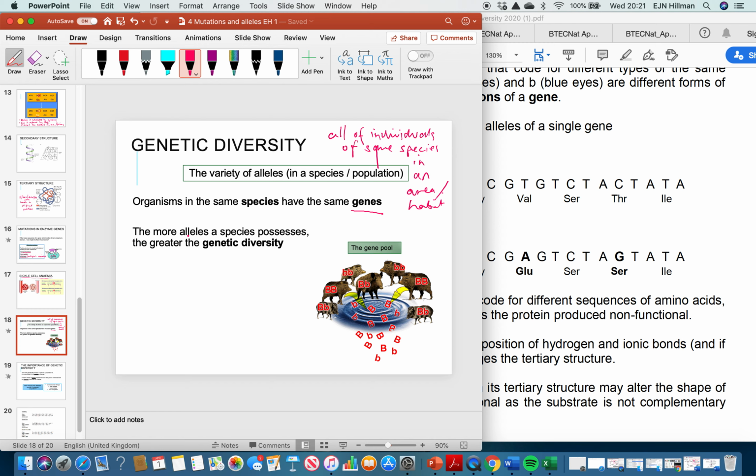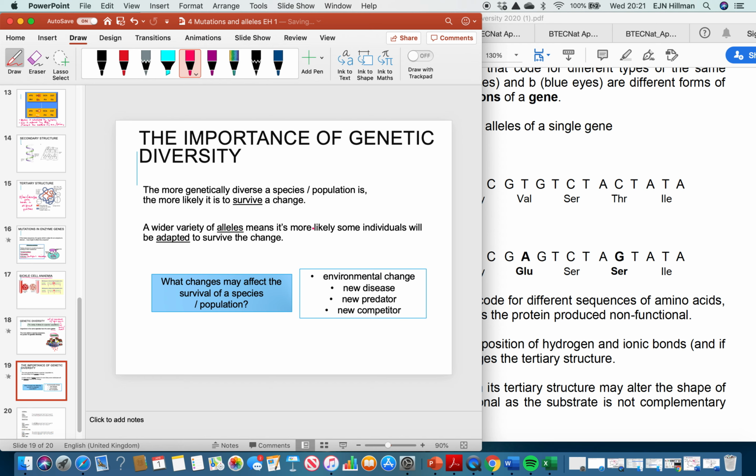With increased number of alleles in a particular population or species, that increases the genetic diversity. So all of those alleles in that population, in that species, combined together is what we refer to as the gene pool. So gene pool is all of the alleles of a species.